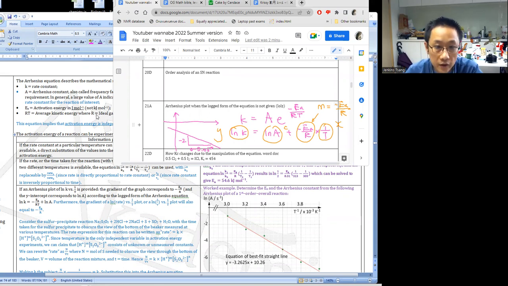The Arrhenius plot gradient is always negative, so choice A, which has no negative overall, is the correct answer.